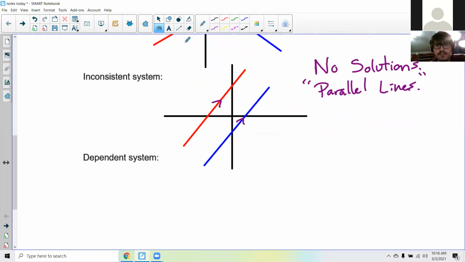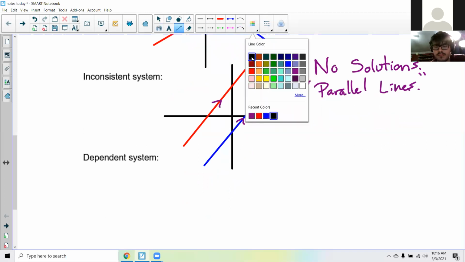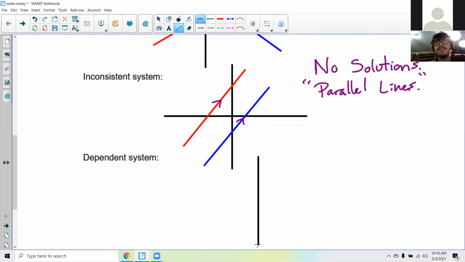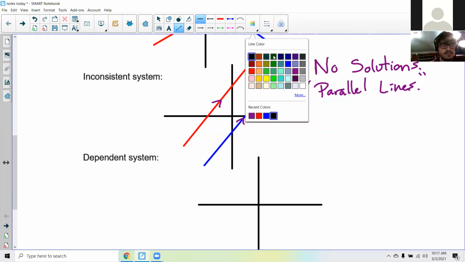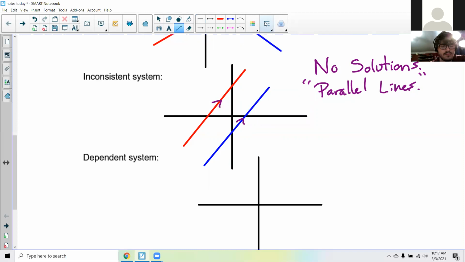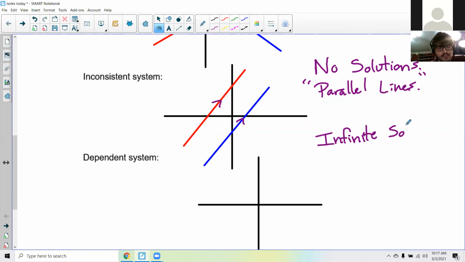The last possibility is called a dependent system. Any idea how that can happen, where there are infinite solutions?